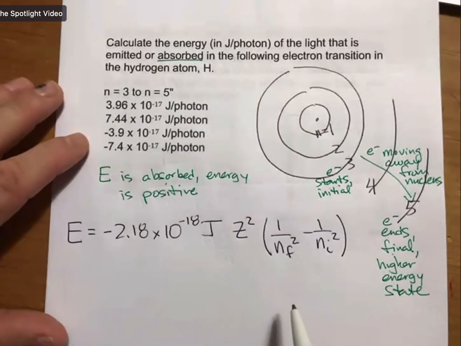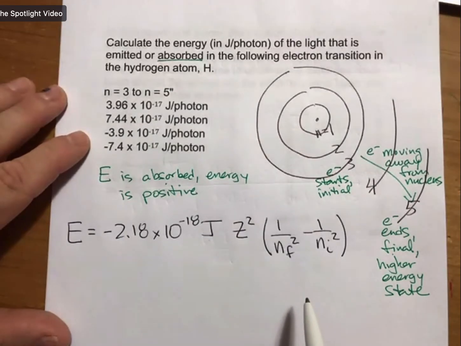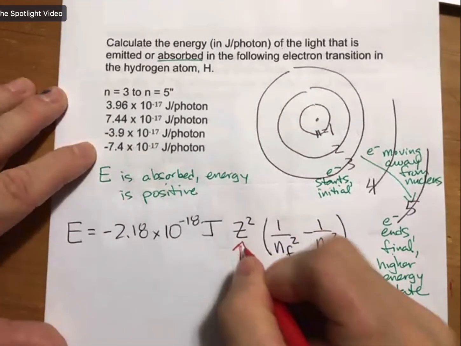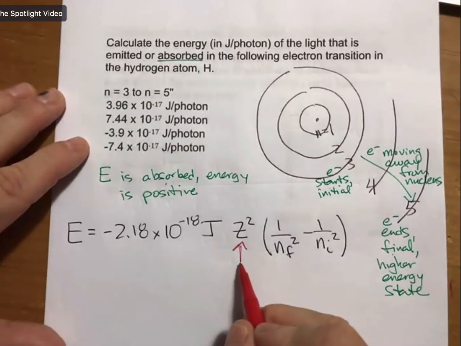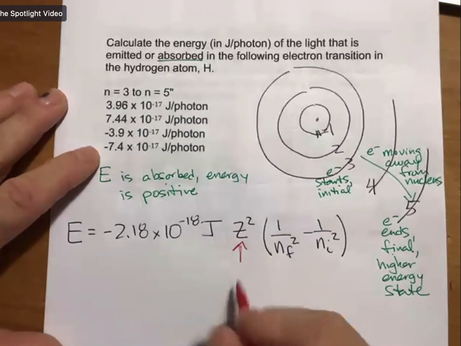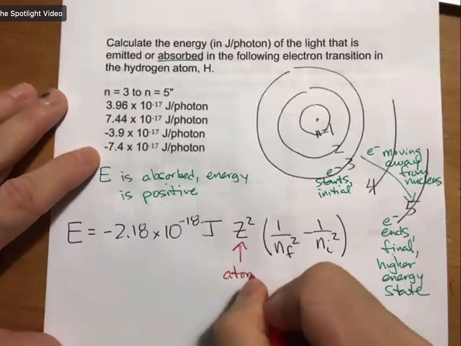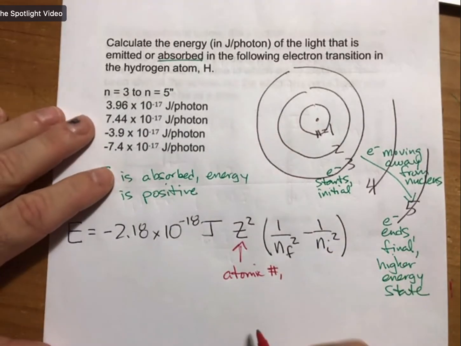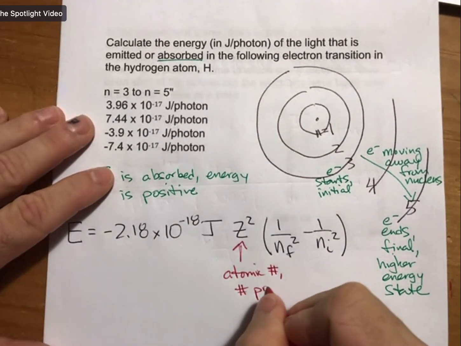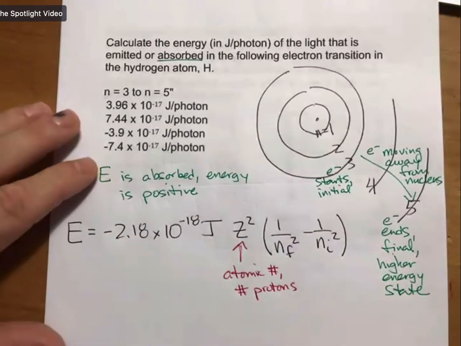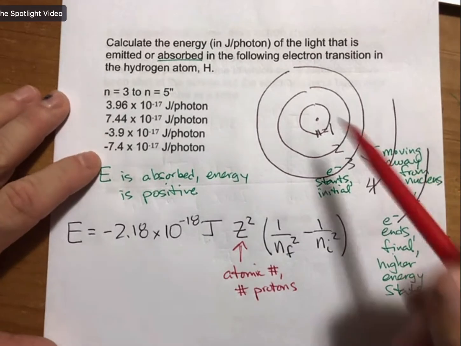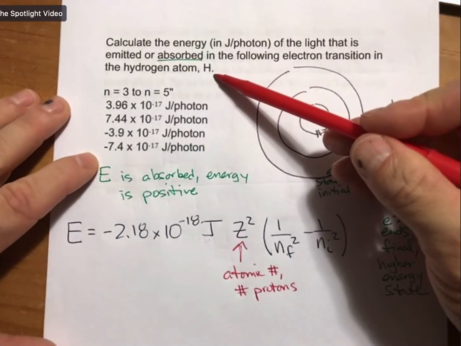And we talked about why that was in the lecture outline. Now, a couple terms here we haven't talked about, although we did in the lecture outline, but just to be sure, Z is the atomic number, which is the number of protons. This is a relatively straightforward question, but how many protons does a hydrogen atom have?